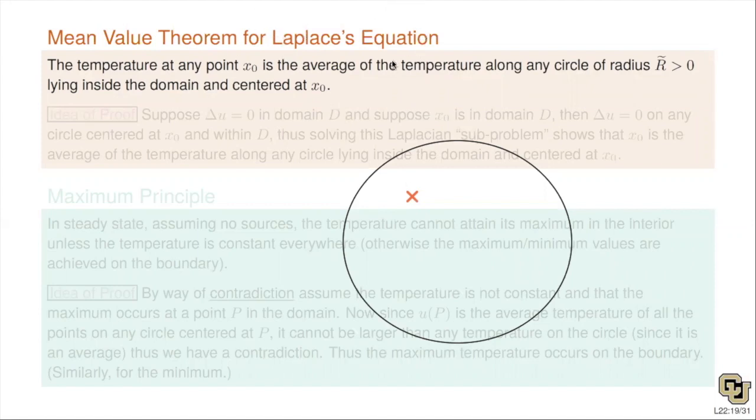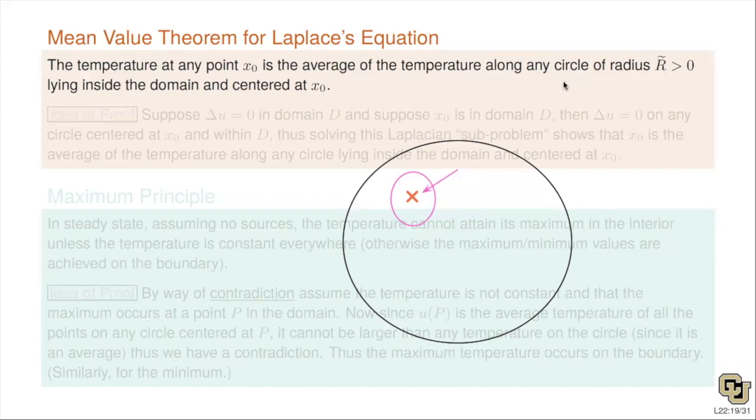Based on our analysis, if I take any circle centered around that point, we know the temperature at the center of that circle is the average temperature. Think about the word average. If it's an average, it can't be the largest or the smallest, unless it's a constant.